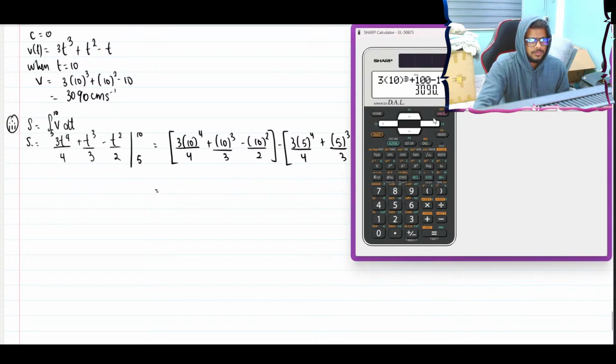So 3 into 10 to the power 4 divided by 4, plus 10 cubed over 3, minus 100 over 2. I'm getting 7783 and a third.